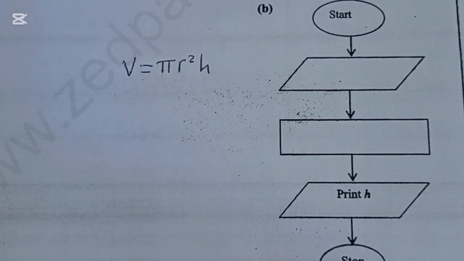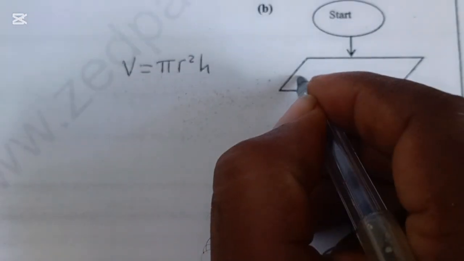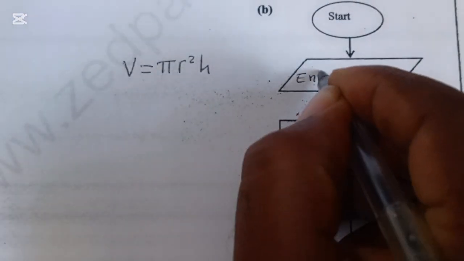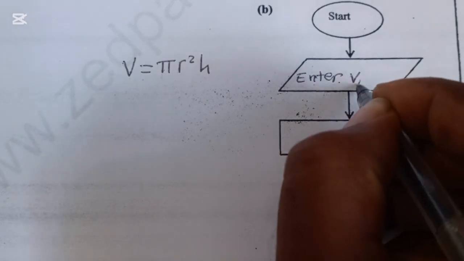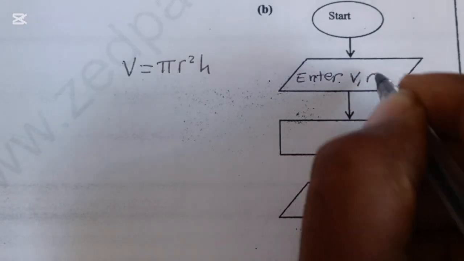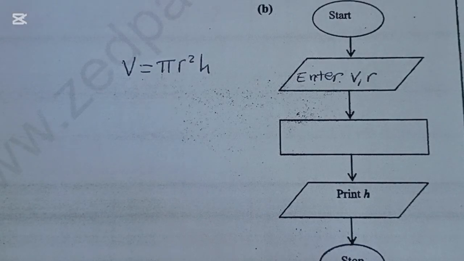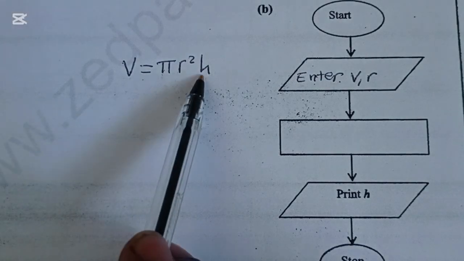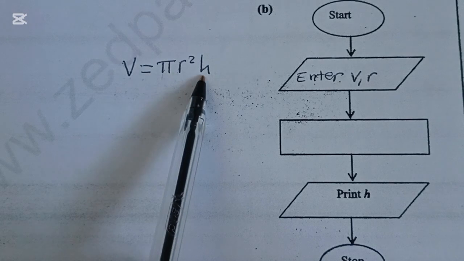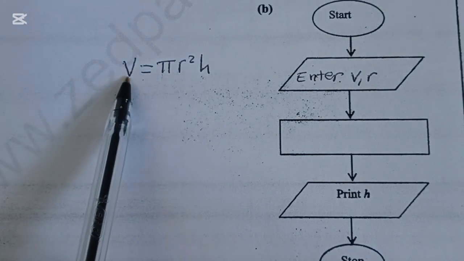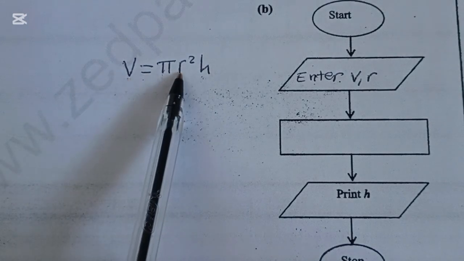So enter V and R. We want H, so I'm not going to enter H. We want the value of H, which is the height. I'll just enter the value for V and the value for R.